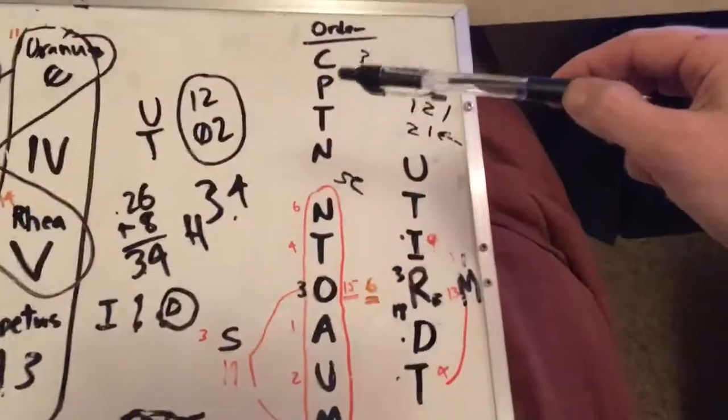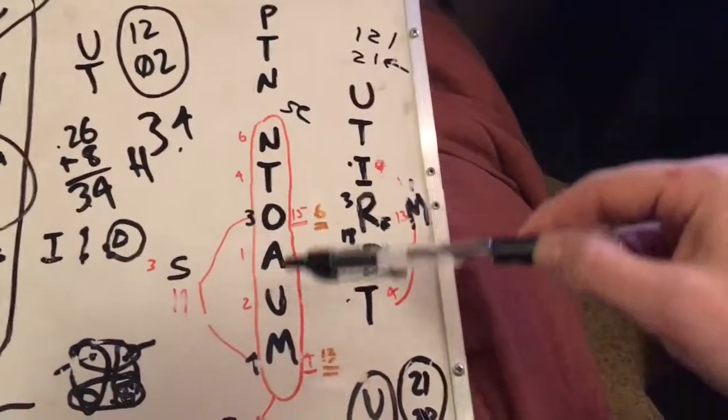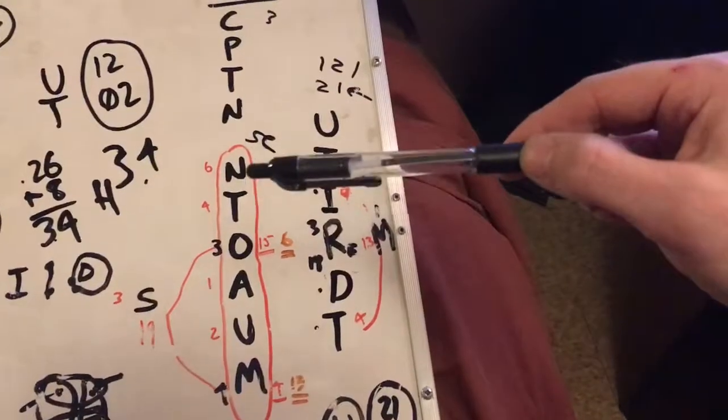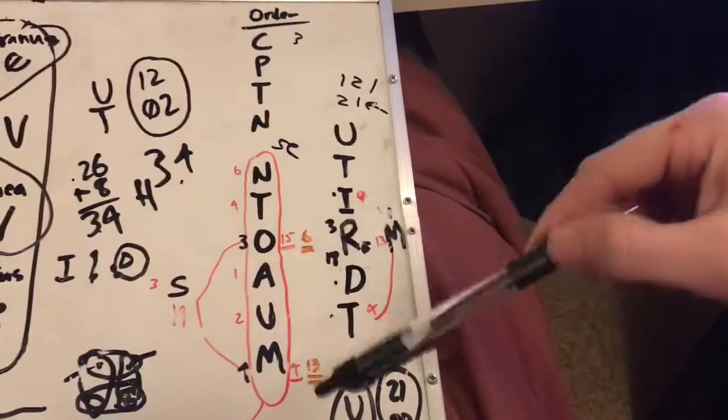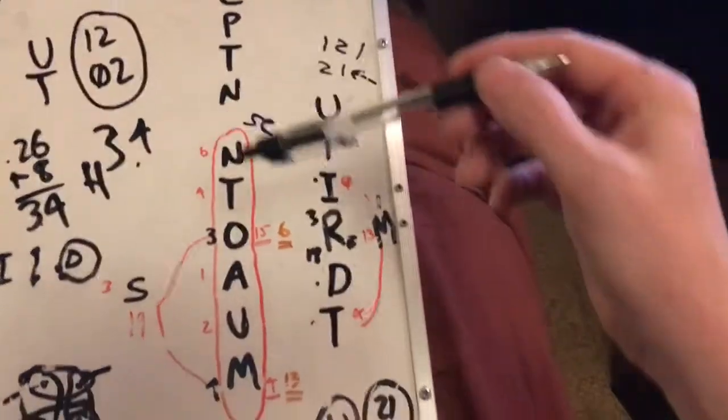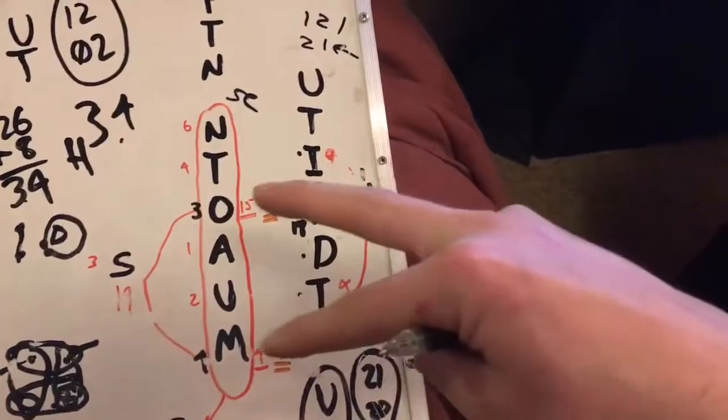And when you take the first letter of all those words, you get CPTN, NTOAUM, UTIRDT, which is an anagram for Captain, AU, M and the O.